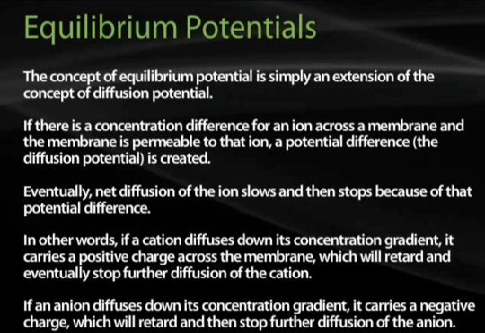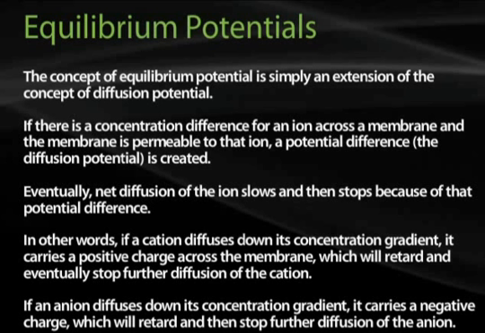The concept of equilibrium potential is simply an extension of the concept of diffusion potential. If there is a concentration difference for an ion across a membrane, and the membrane is permeable to that ion, a potential difference, the diffusion potential, is created. Eventually, net diffusion of the ion slows and then stops because of that potential difference.